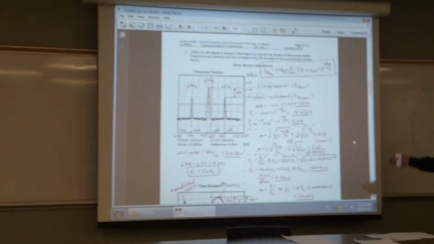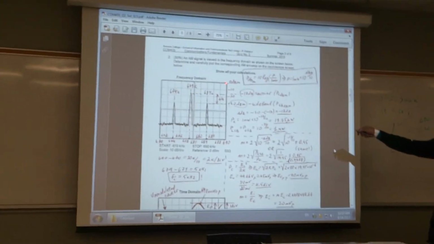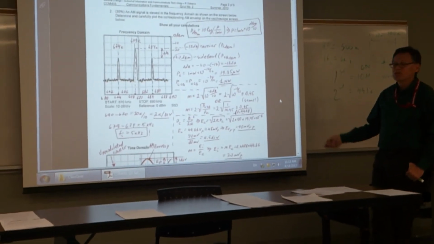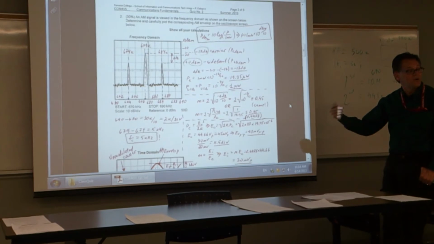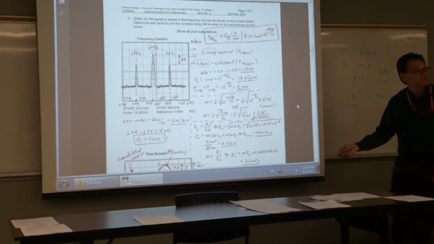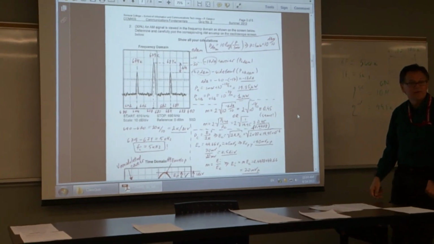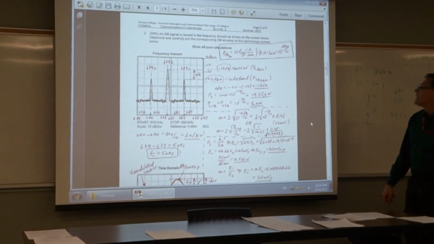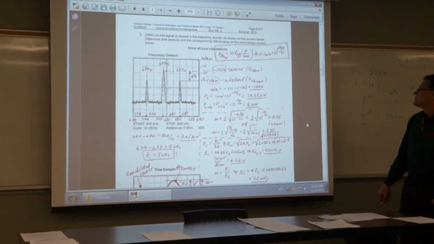Okay, we found powers. From the powers, we can find voltages from the formula for the power. And we need to know modulation index. Yeah? And modulation index was given in the formula. But anyway, you need to know delta. And delta is just the difference between this, in decibels.